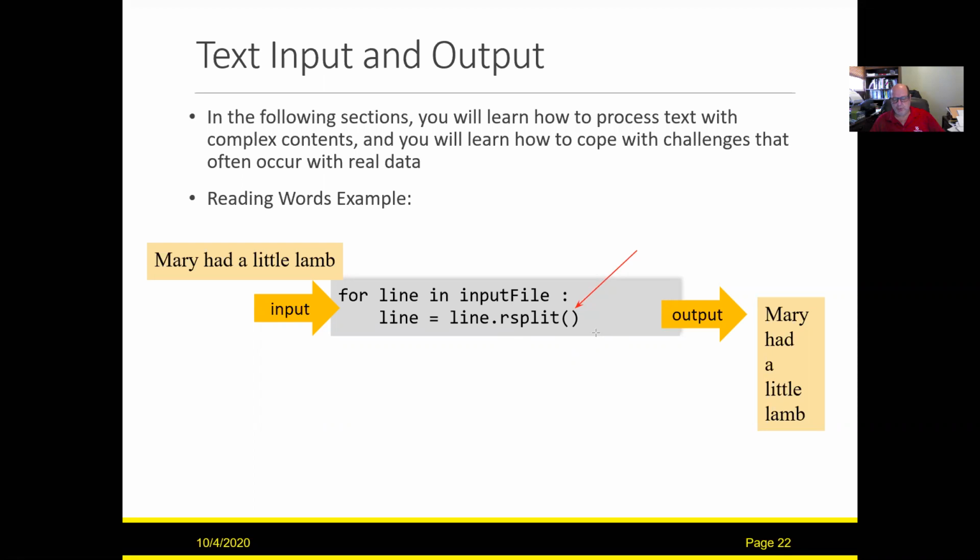For example, in CSV files, which we're going to look at next week, we're going to split it based on the comma. I think we did some exercise on that before. So split is going to do that for you. If you don't put anything, it's going to split based on the space.